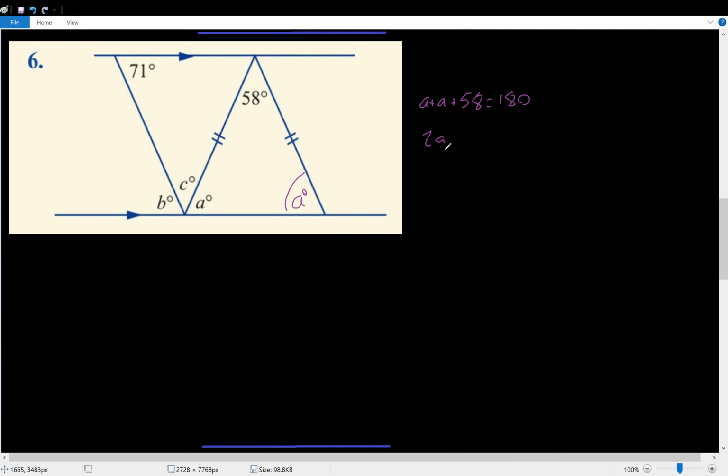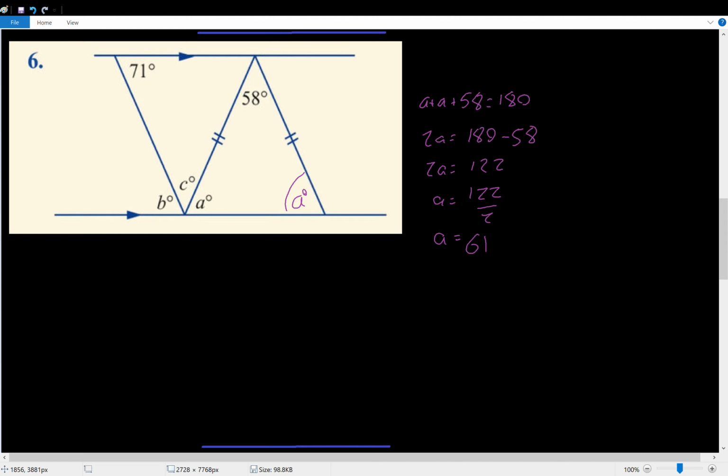So 2A is equal to 180 minus 58. So 2A is equal to 122. So A is equal to 122 over 2. So A is equal to 61. So we got our value for A.